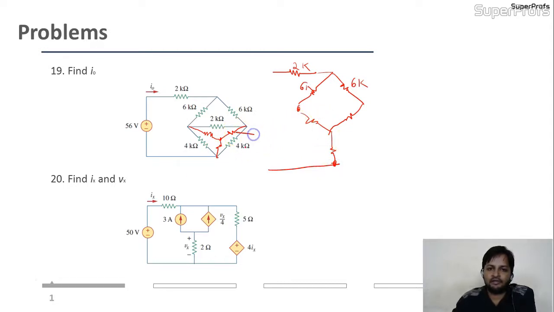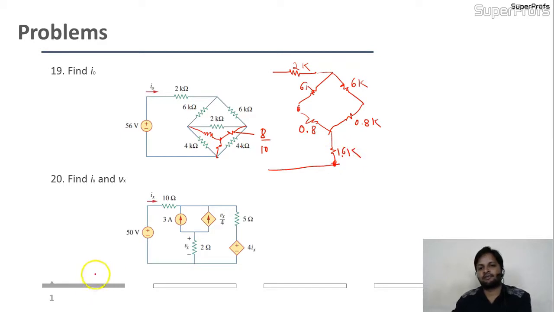The value of this is nothing but 4 into 2, 8, divided by the summation of all, 4, 4, 8 and 10. So 8 by 10. So this is nothing but 0.8K. Is it okay? Come to this. Again 4 into 8, this is 1.6K. I hope it is clear to you people.